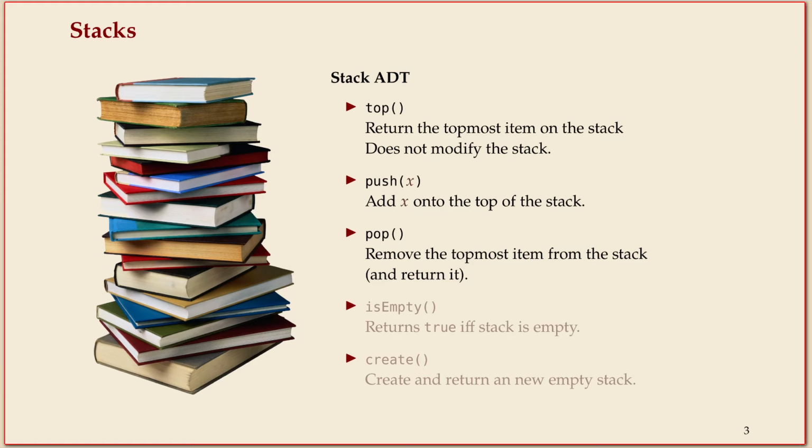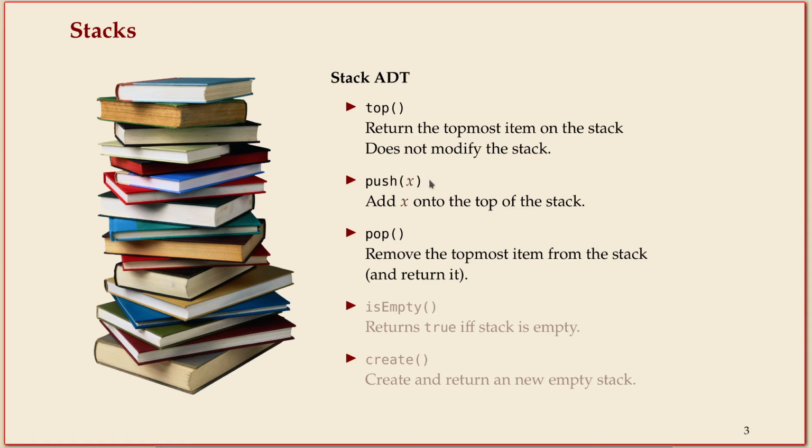Let's make this more concrete and look at one specific simple abstract data type, and that's the stack. And here is the list of operations that a stack can support. It can give you the topmost element. So you think of this stack of books, and you're not allowed to play this balancing game. You're not allowed to pull out a book from below. You can only access the topmost book.